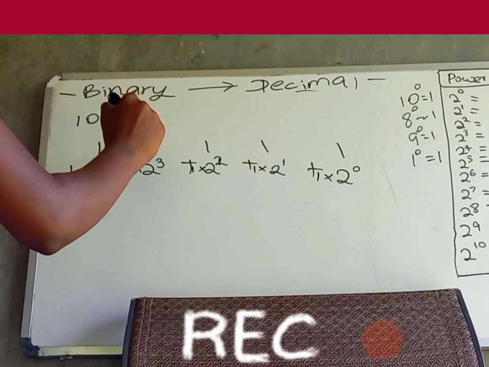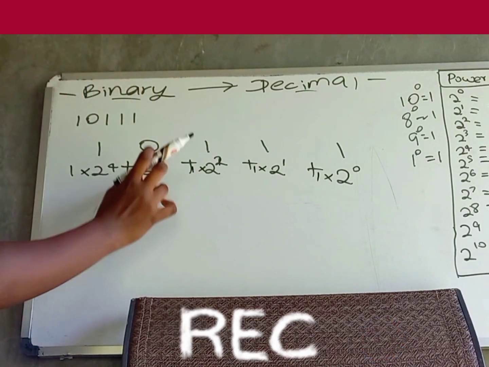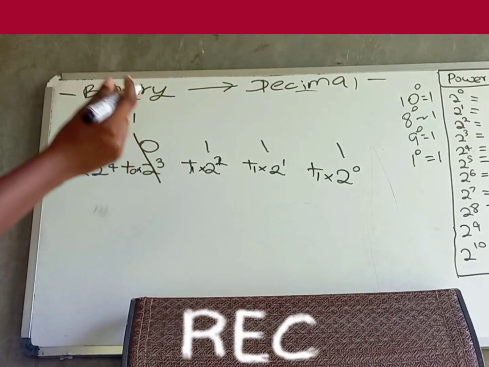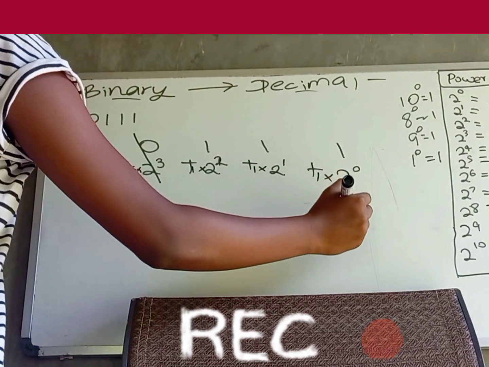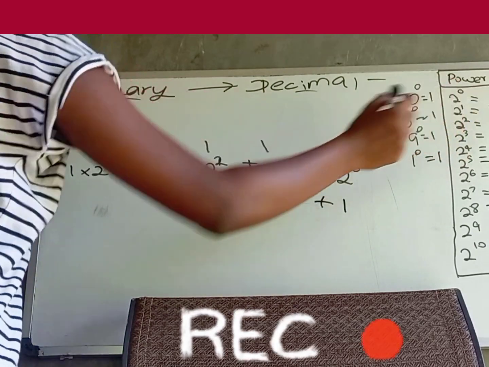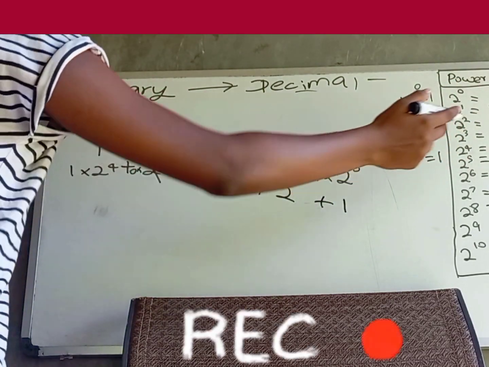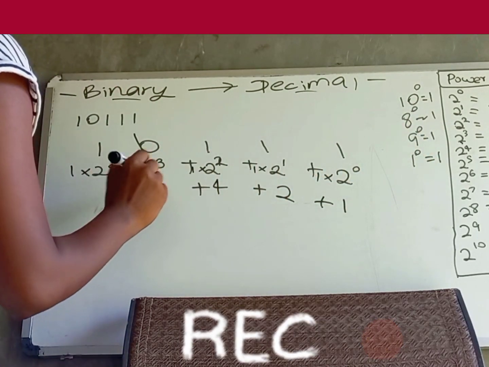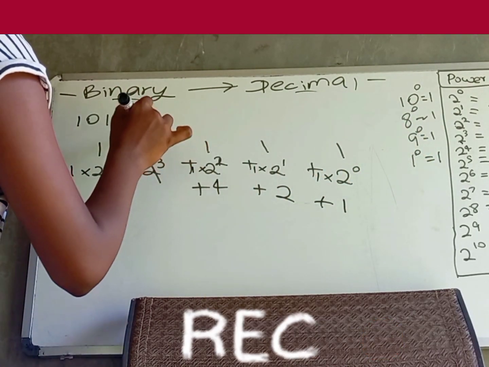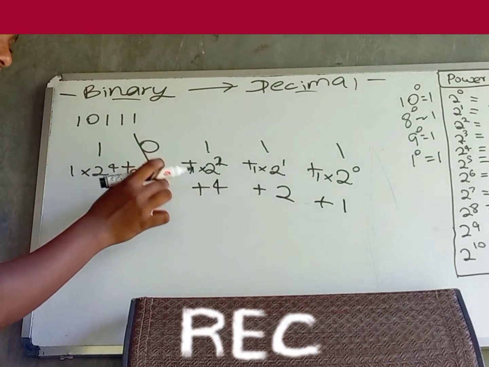So if you see a 0, you just have to cut it down and get the others as 1, 2, 4, 8. You're not going to get 8 because you have cut down the value 0.